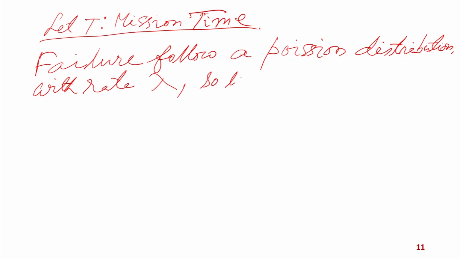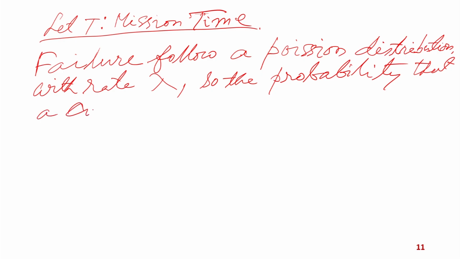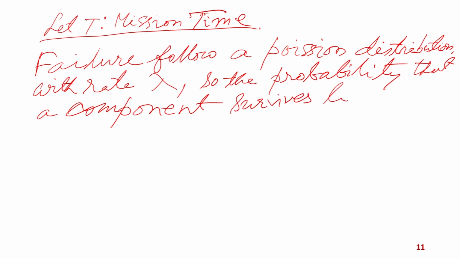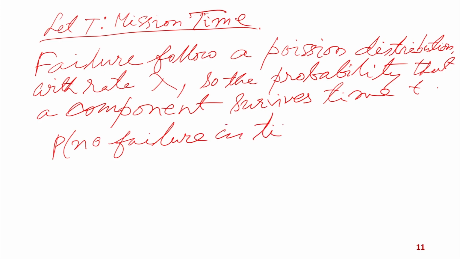So, the probability that a component survives time t, that is, no failure in time t, I can write as e to the power minus lambda t. So, this is basically R(t).